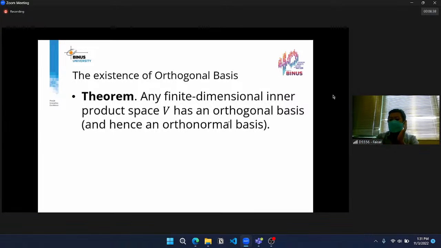In an orthogonal basis, the norm does not need to equal 1, but in an orthonormal basis, the norm of each basis vector must equal 1. Okay, I will give an example of how we construct an orthogonal basis from the Gram-Schmidt theorem.